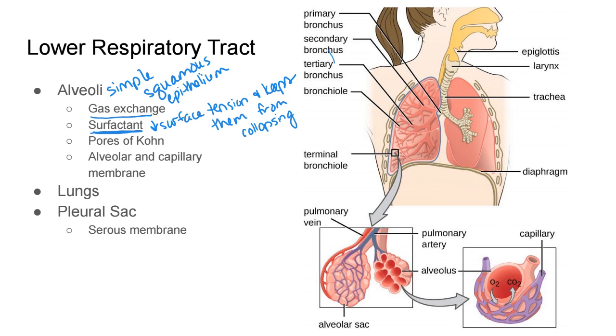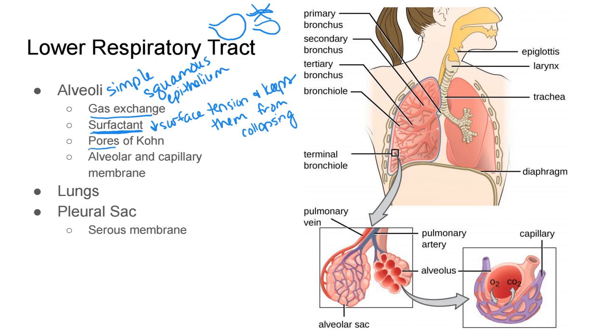Because if you think of your lungs like a balloon, they expand, and then they go back down as we breathe out. But what they don't do is completely close back up when you breathe out. Otherwise, you'd basically have to reinflate your lungs from scratch every single time. And that would be very difficult. And so the surfactant helps prevent that from happening.